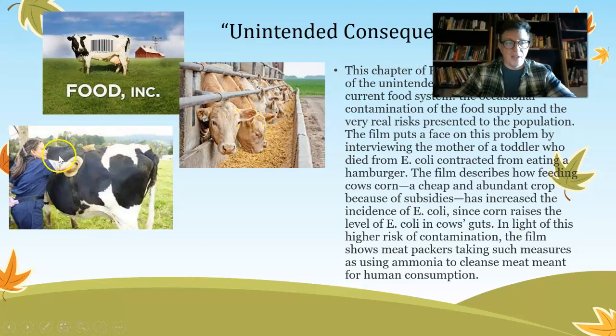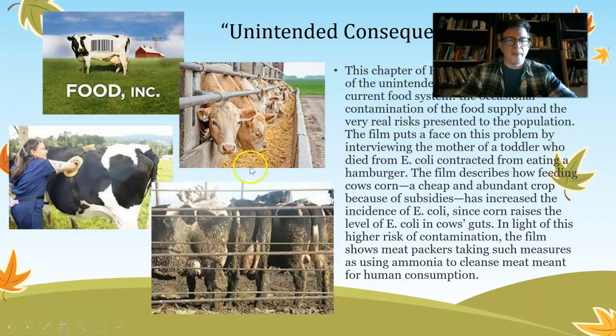So they cut these holes into the cows, which they claim do not hurt. And then they have people whose job it is to reach into the cow's stomach and pull out the undigested, decaying corn that would have E. coli on it, and throw it away.